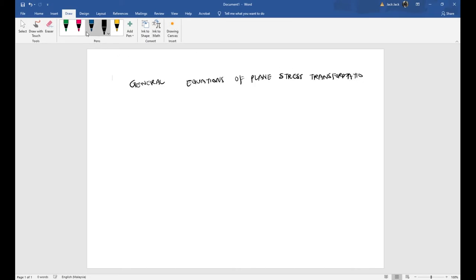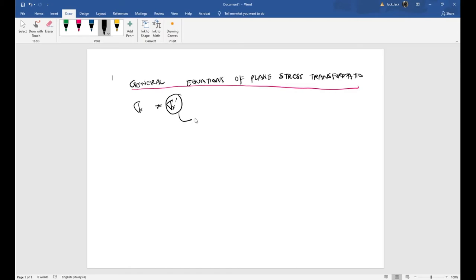As I mentioned just now, due to the rotation of the xy axis, the value of sigma x is not equal to the value of sigma x prime. This sigma x prime only happens when there is a rotation of the xy axis.